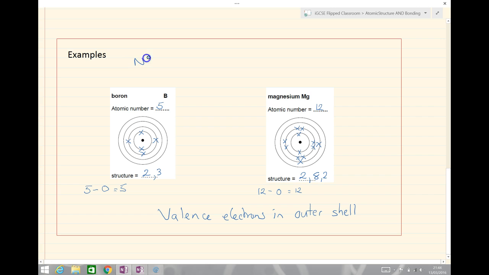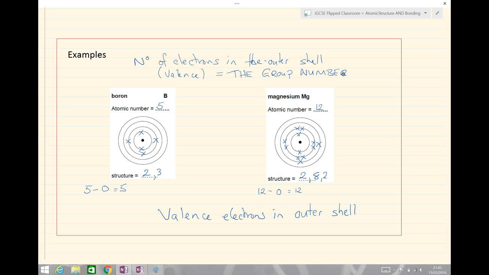So the number of electrons in the outer shell, or valence shell, equals the group number. And that's quite a handy thing to remember, particularly when we're moving on to things like bonding, ionic and covalent, and metallic in due course.